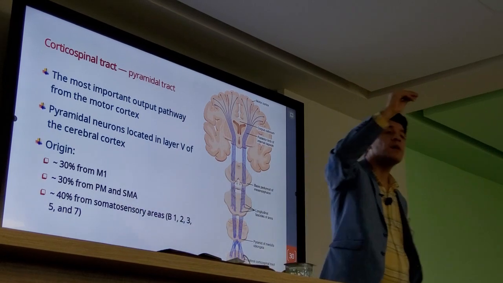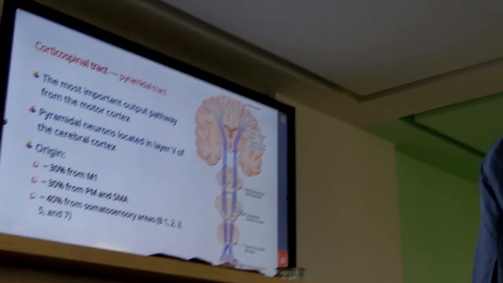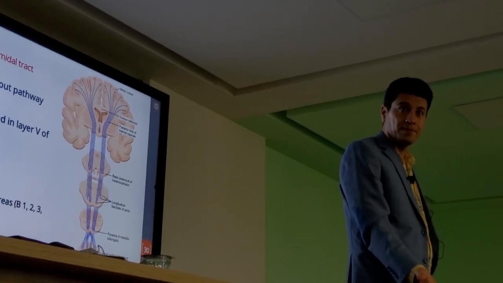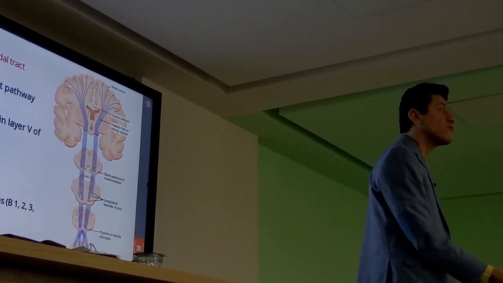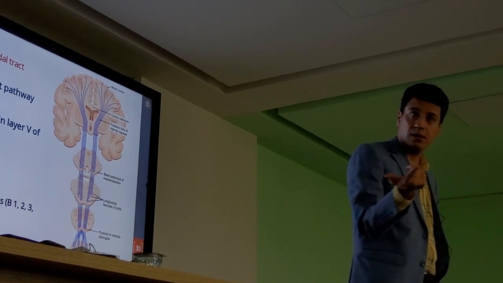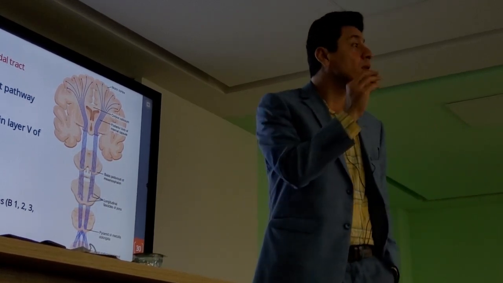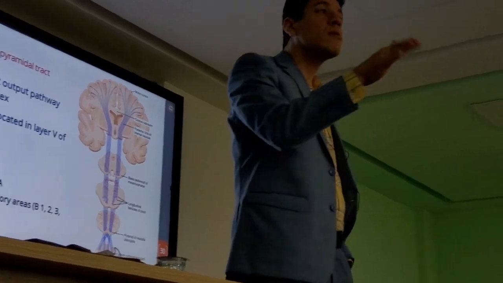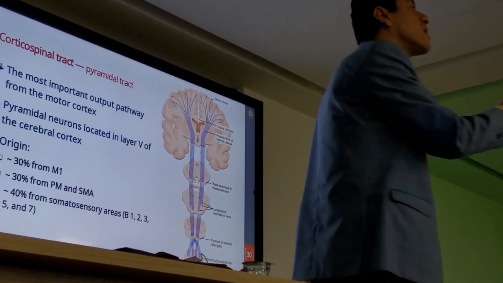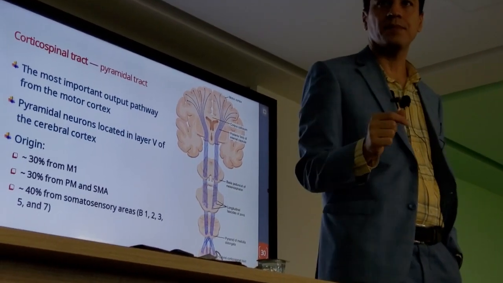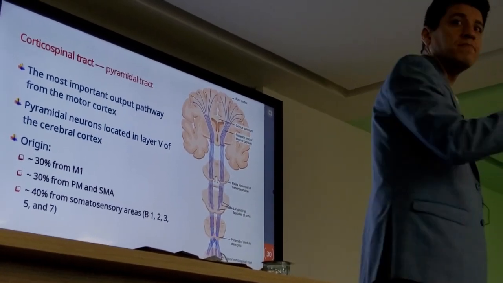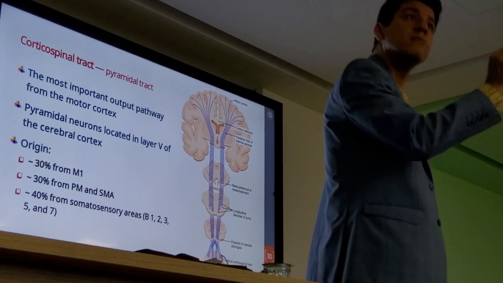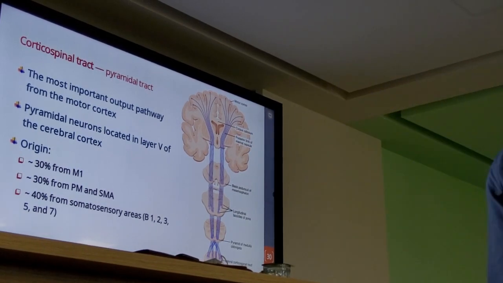Somatosensory cortex is the termination point of the DCML system, dorsal column medial lemniscal system, important for touch, vibration, pressure, and so on. Right? Somatosensory area is also the termination point of the spinothalamic system. Important for pain, temperature, itch, tickle, everything, right?